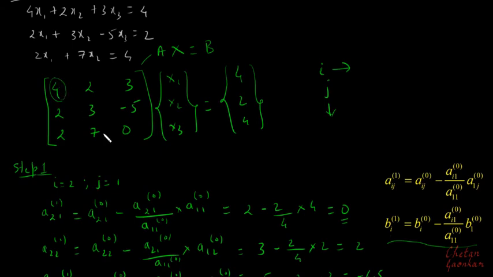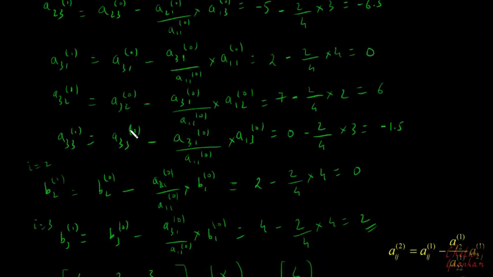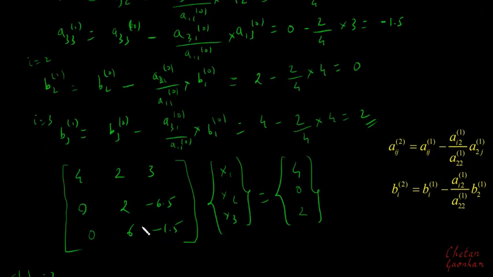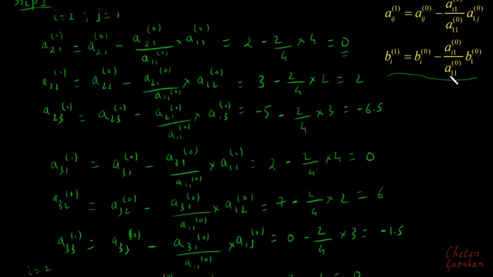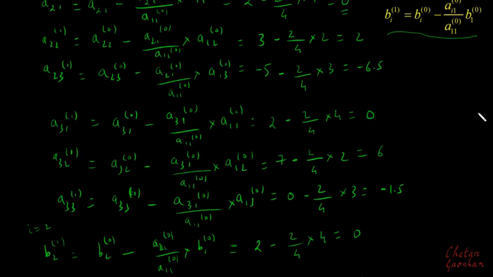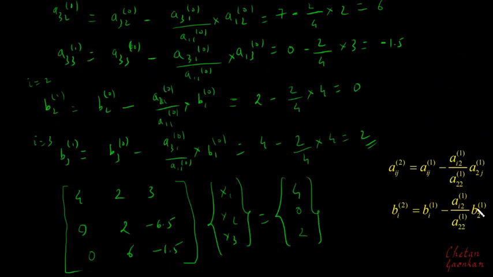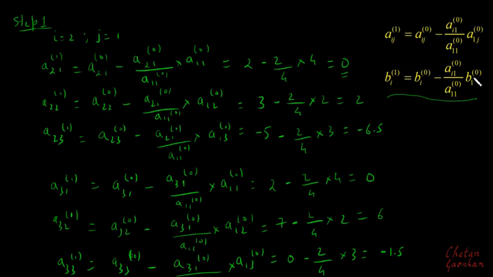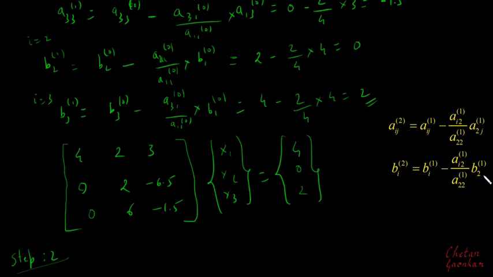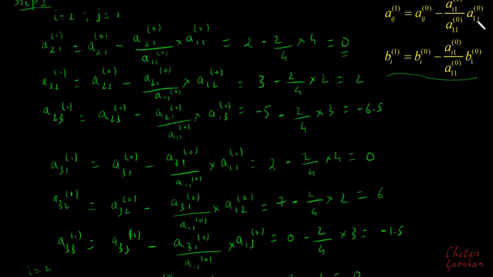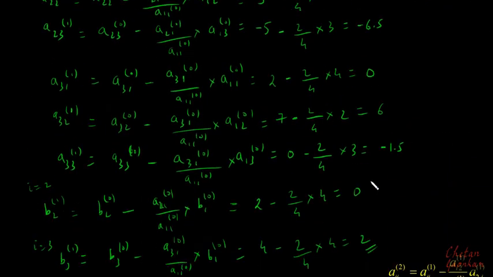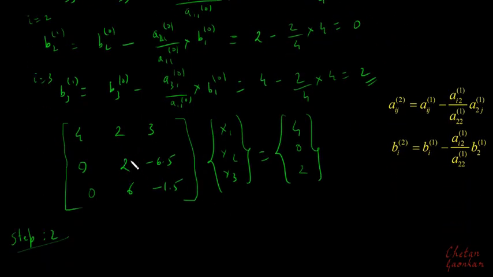We have achieved it very easily, but now I'm trying to make this element 0 with respect to this element a22. So in place of a11, I have a22. In place of zeros, I have ones. In place of ones, I have twos. And in place of b1, I have B2, and in place of a1j, I have a2j, because now everything will be done with respect to this element.